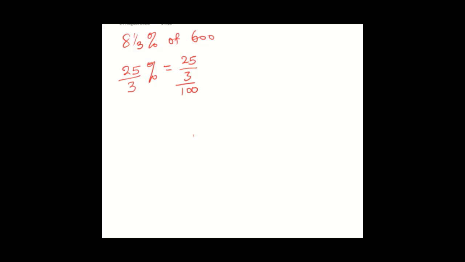When you have something like this, it's equivalent to 25 over 3 divided by 100 over 1. When you're dividing two fractions, the numerator comes down and the denominator goes up, and the sign changes to multiplication.